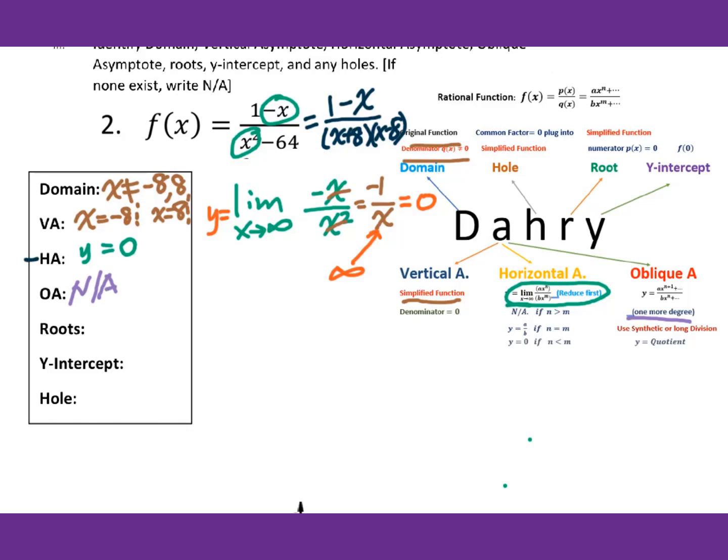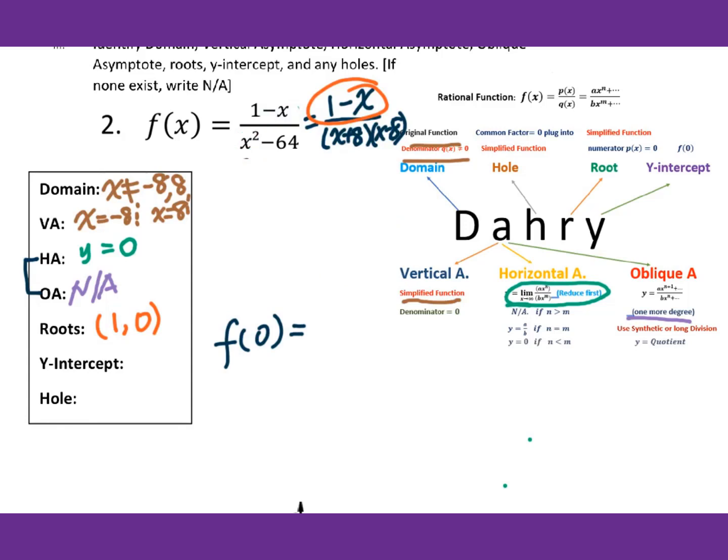For oblique asymptote line, keyword 1 more degree, definitely is not available. For horizontal and oblique, that's either or neither. For roots, you will make a numerator equal to 0. You will get the 1, 0. For y-intercept, that's f of 0 now. Whenever you see variable, that will be 0.